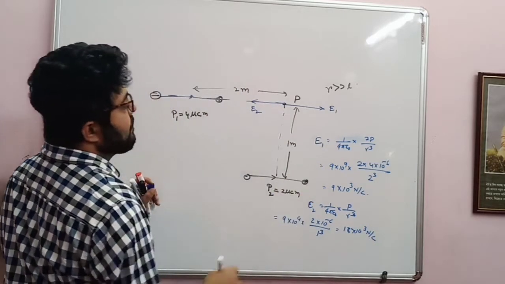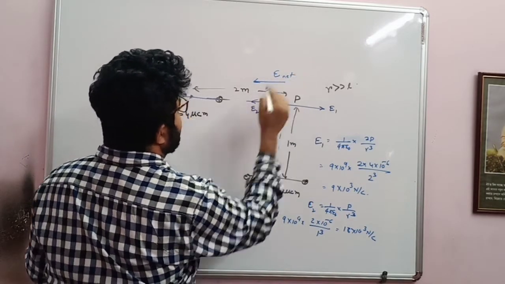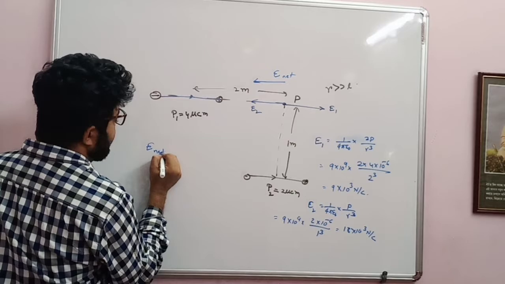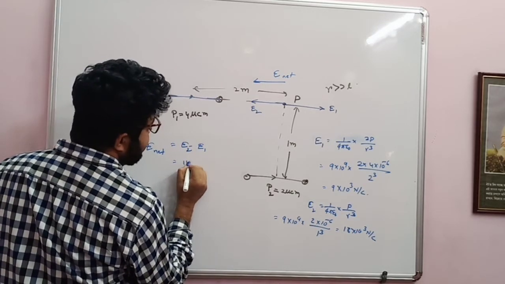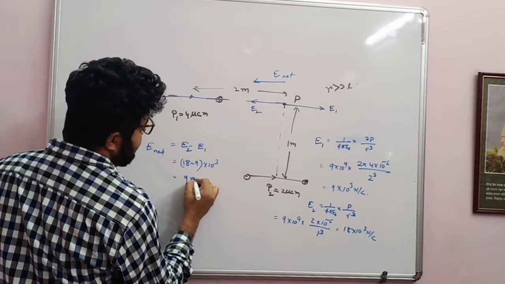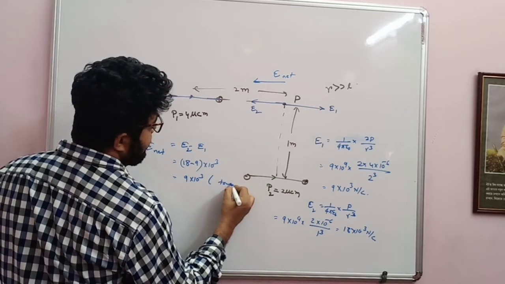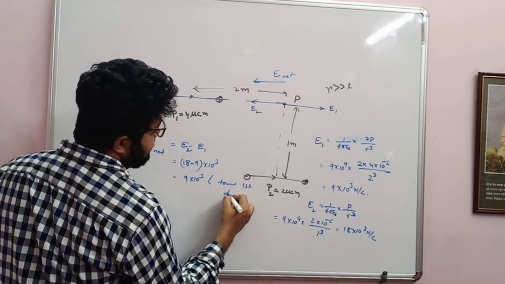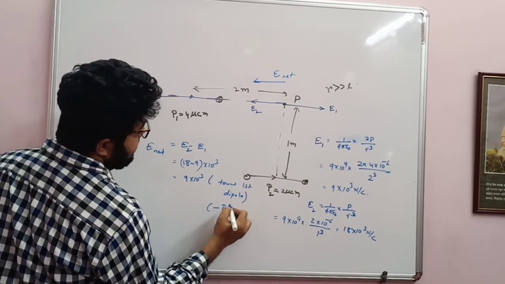Clearly between E1 and E2, E2 is higher, so the net is in this direction, E net. So E net is E2 minus E1, that is 18 minus 9 into 10 to the power 3, 9 into 10 to the power 3. In terms of direction, you can write towards the first dipole, or you can write minus i.